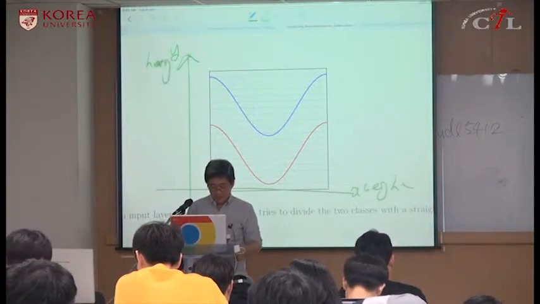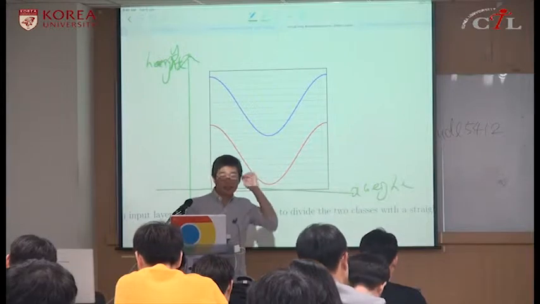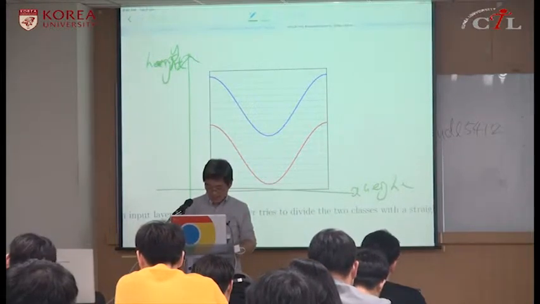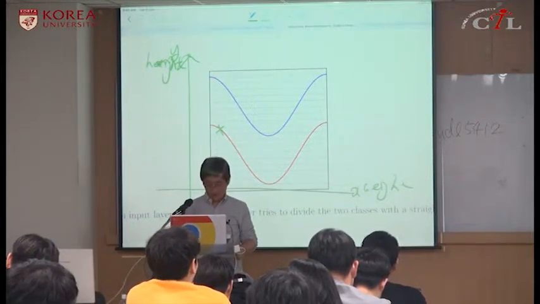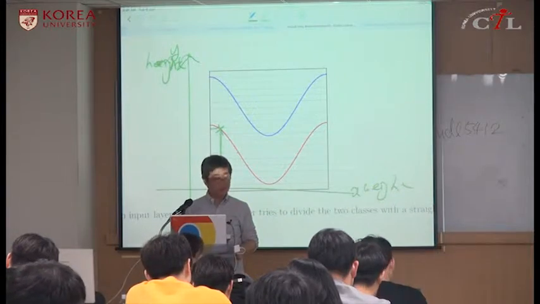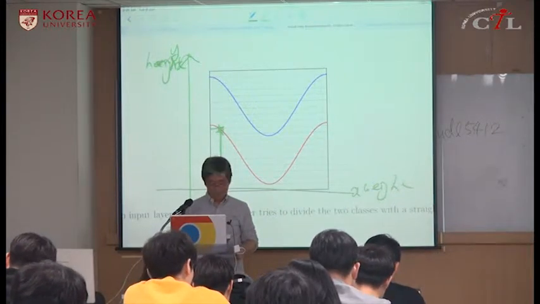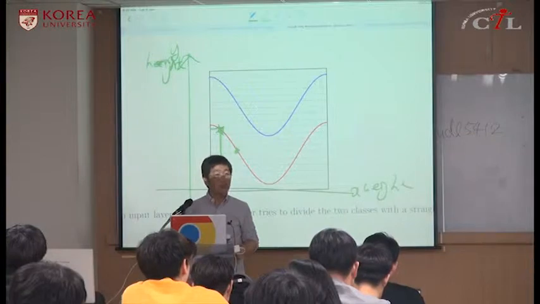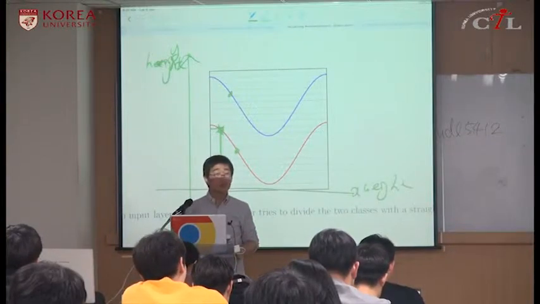Okay, and this line is not a regression line. Given this feature vector, this one has the positive label, and this one also positive label, and this one has the negative label, and so on.